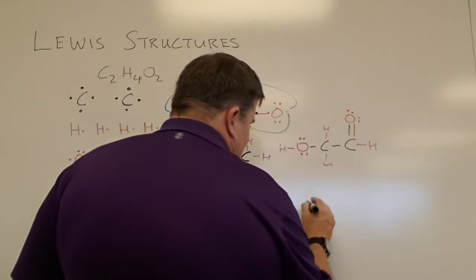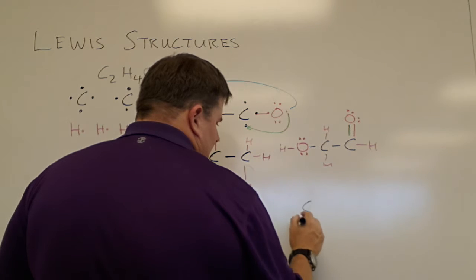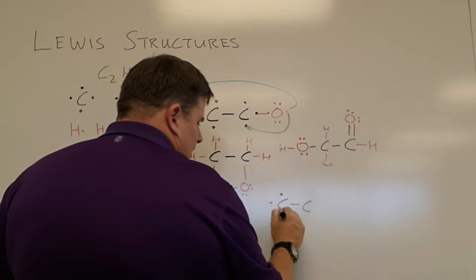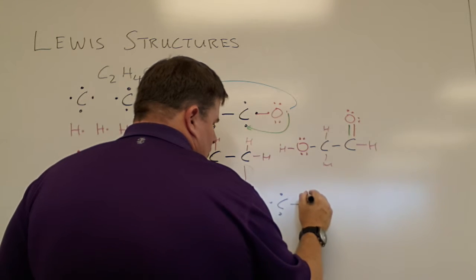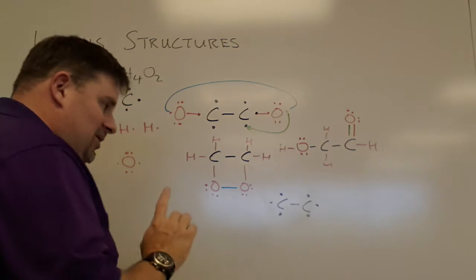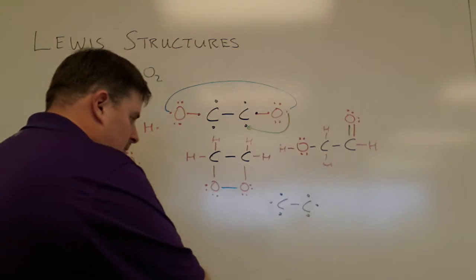Okay? In this one, I take the carbon, I stick it to a carbon. This one has 3 electrons around it. This one has 3 electrons around it. Now I'm going to stick 2 oxygens directly on that carbon.